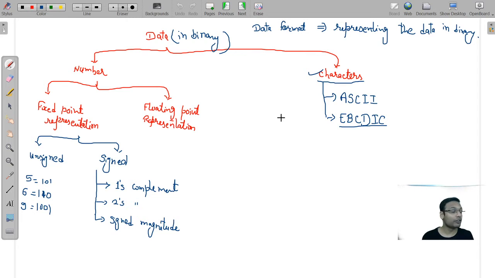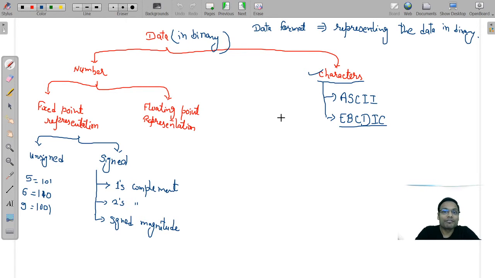It is very, very important to decide this. Why? Suppose your CPU understands the number in one's complement representation, and you have provided the number in two's complement representation as input. Will your CPU give you the correct answer? No. Your CPU might give you incorrect answers. Why? Because your CPU's understanding of a number in binary is different and your input is in a different format.